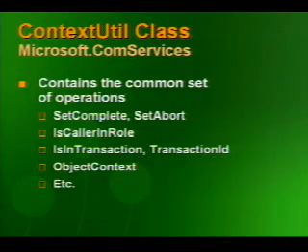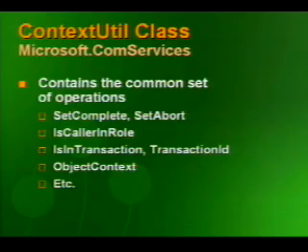We've spoken a bit about this class ContextUtil. It's a common set of operations which we expect most developers will choose to use. We still provide, and I'll be demonstrating that, all the APIs inside COM+ services. But this is a nice condensed common set of operations.